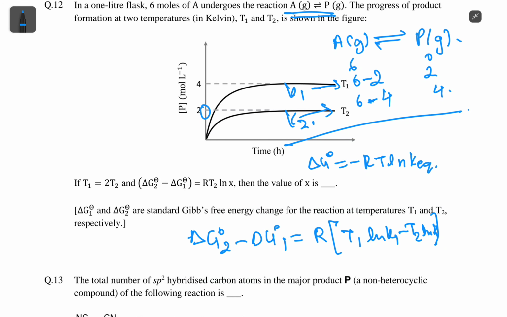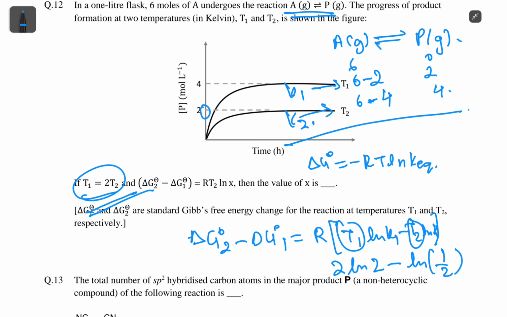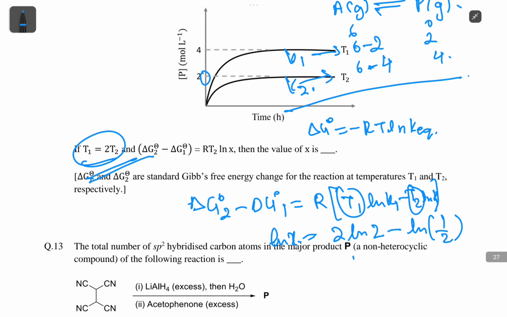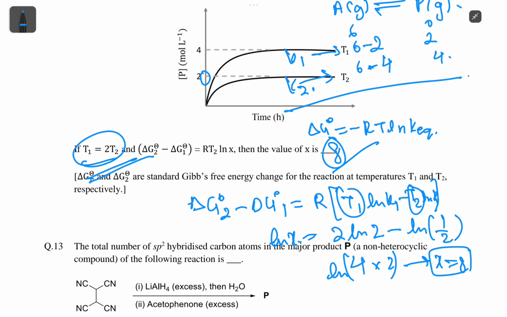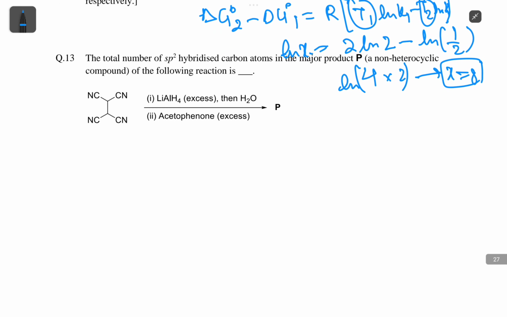You can take out T2 from this equation by using this thing, and then if you compare, you should get ln 2 minus ln 1 by 2 is ln x. So this would be 4 plus 4 times 2 ln. So x should be 8 for that, right? Okay, what about this question?